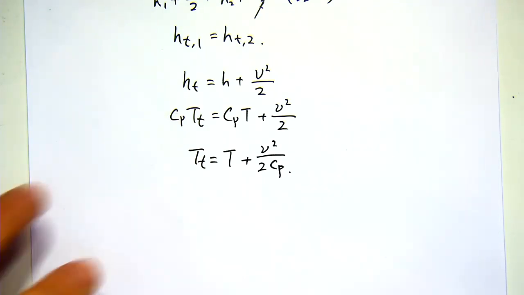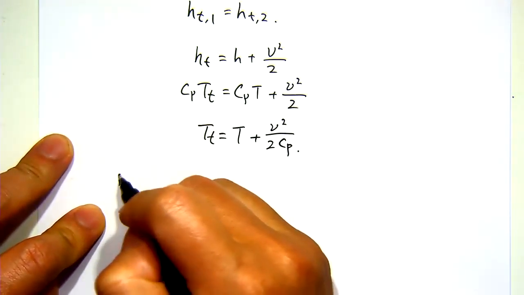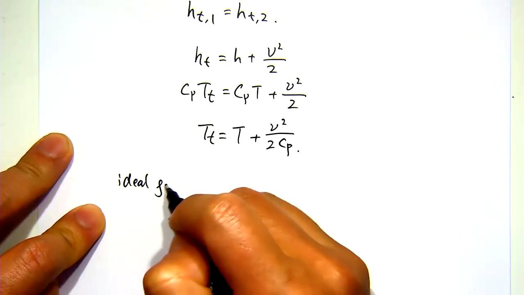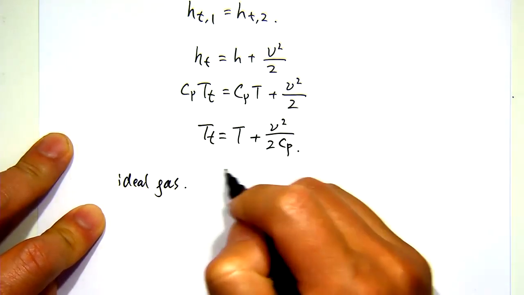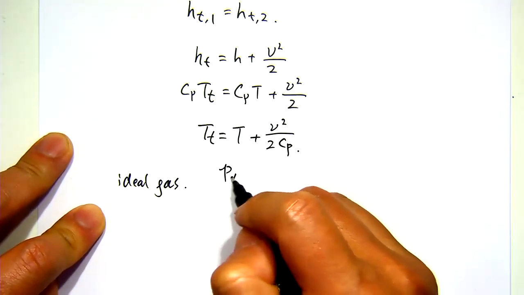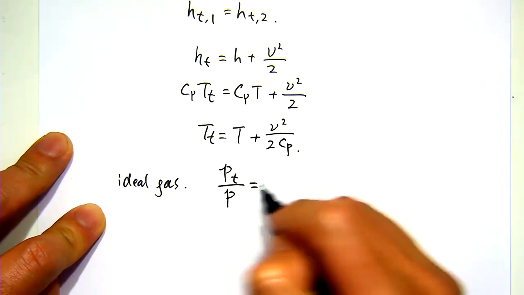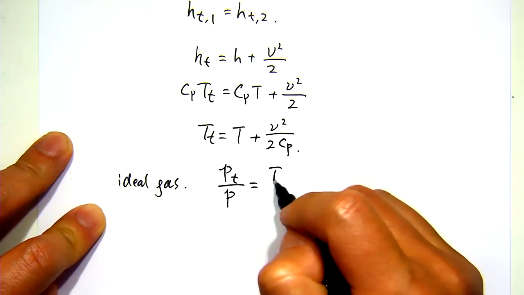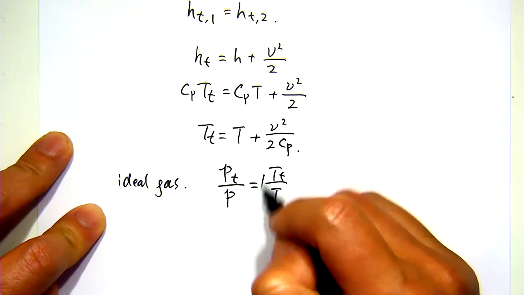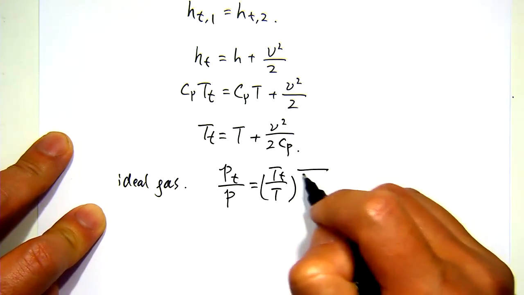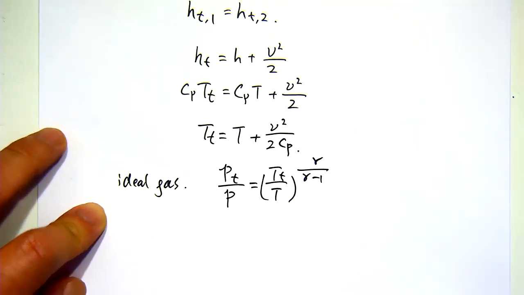That's based on a similar idea. So for ideal gases, you can find the stagnation pressure over the static pressure equals the stagnation temperature over the static temperature raised to a relation of this.